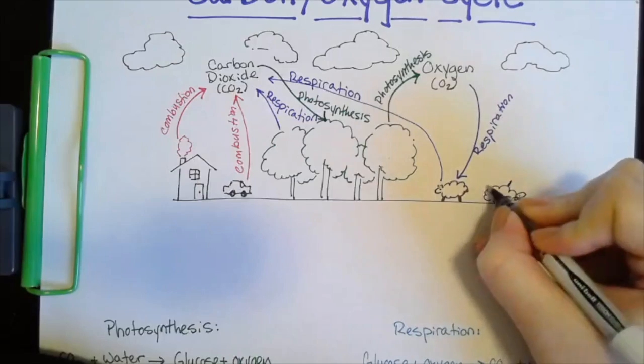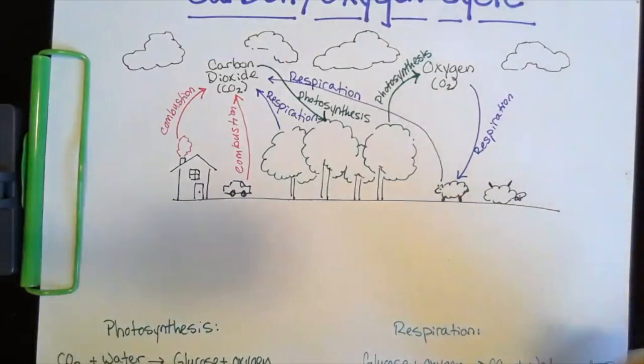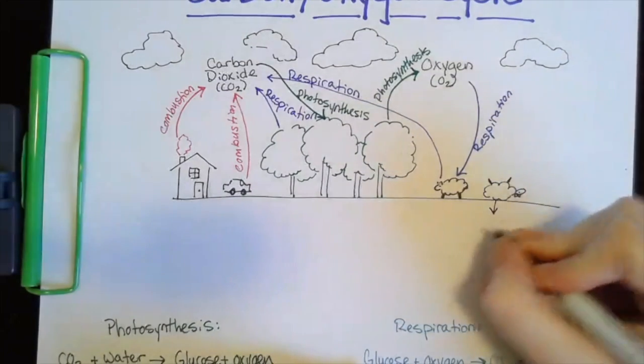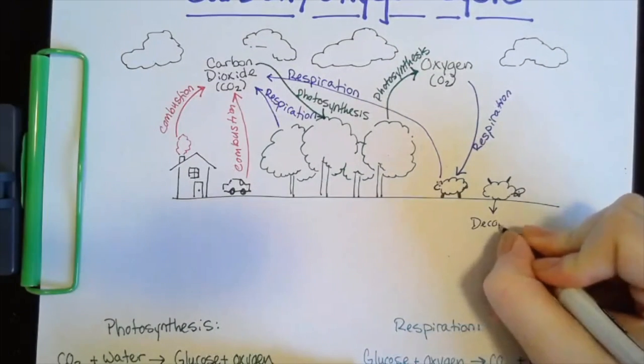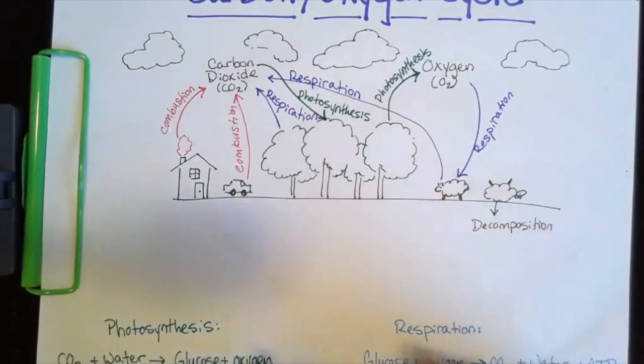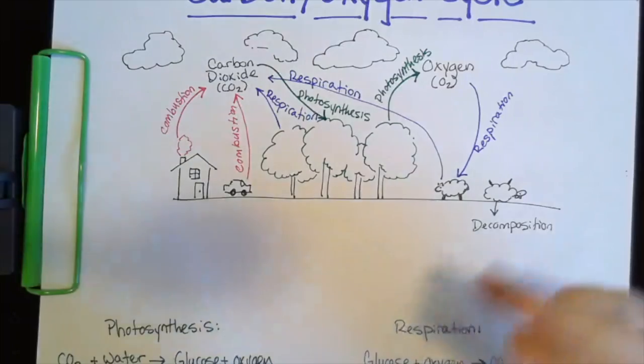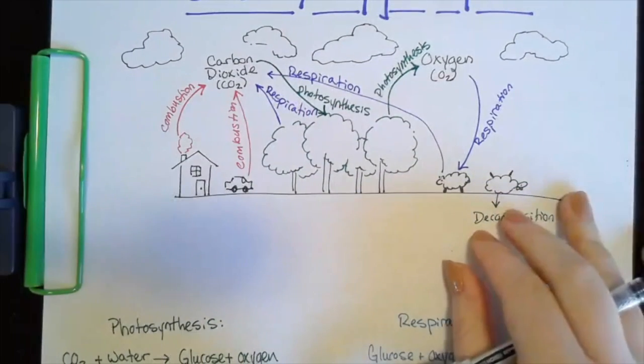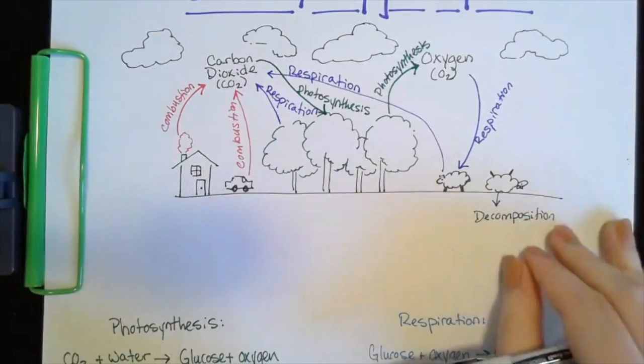and eventually he's going to live a rich, full life, and he will be no more. And then the sheep is going to undergo decomposition. So all of the molecules that make up the sheep are going to break down, and you and the sheep and everything that's organic has a lot of carbon in it.